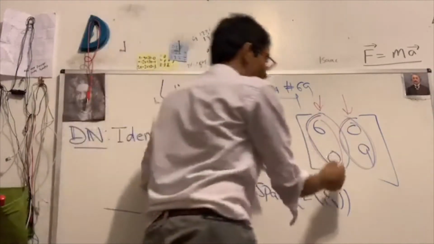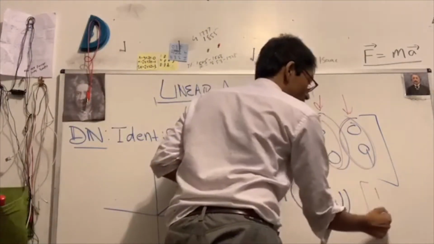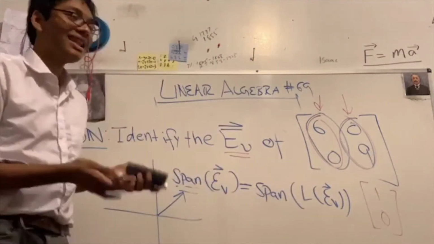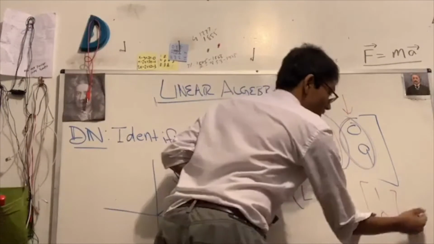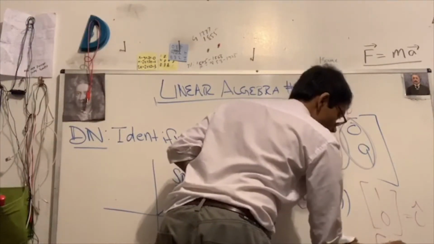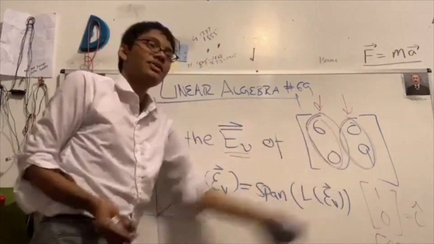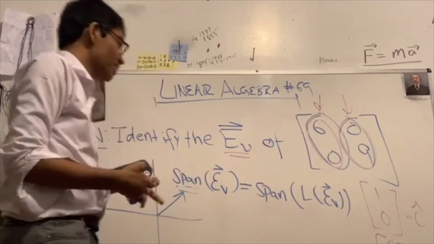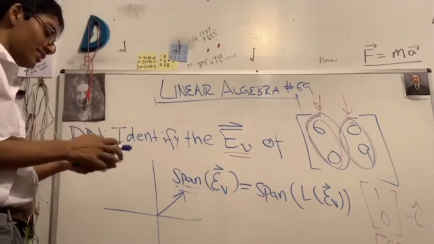Because remember, i hat before was simply 1, 0. Now it gets scaled up to 6, 0. So its span is the same. Same thing for j hat. j hat was 0, 1. Now it's scaled to 0, 9, 9 times bigger. So the span is the same. So that's why the eigenvectors are 6, 0, and 0, 9.